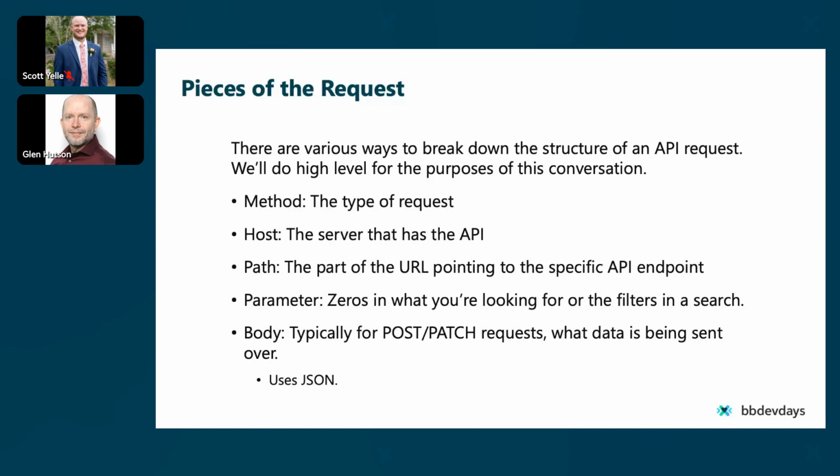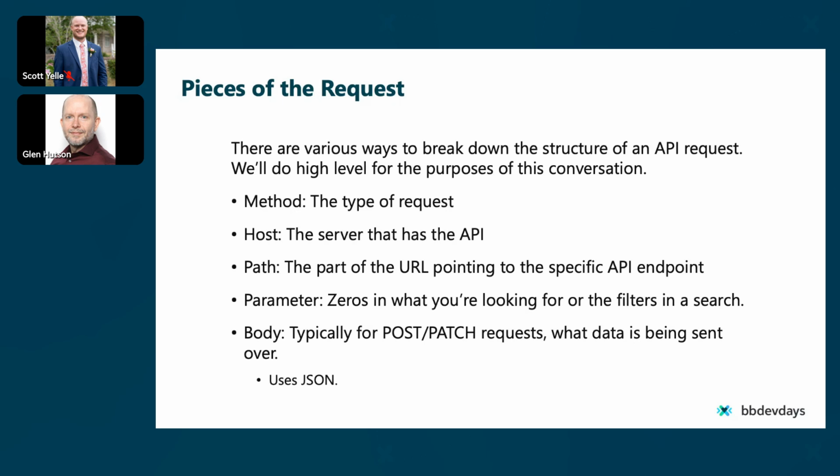There are various ways to break down the structure of an API request. When I was looking at different explanations to make sure I was thinking in the right direction, I saw things described four or five different ways. So this is more conceptual, just to make sure we're on the same page.